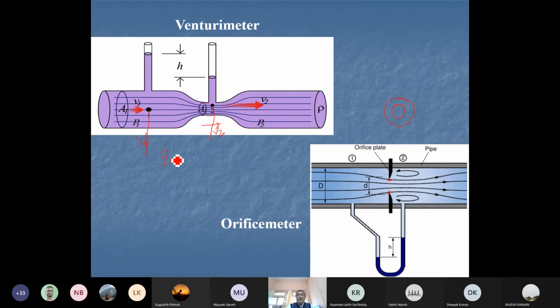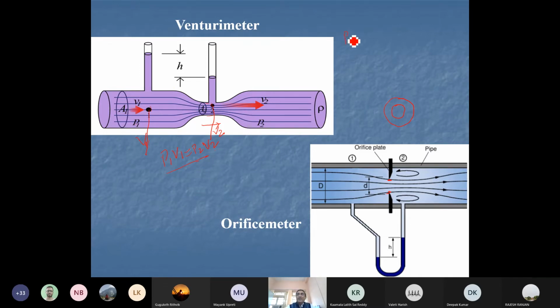The reason being A1 V1 is equal to A2 V2, that is the usual condition. And if we use Bernoulli's principle, taking negligible head loss due to friction, we can write the relationship between these 2 points where we are measuring the static pressure or pressure head.